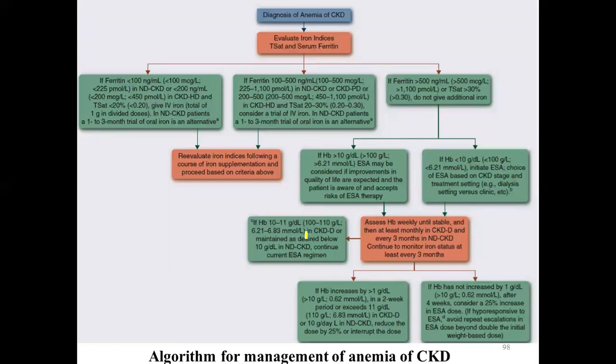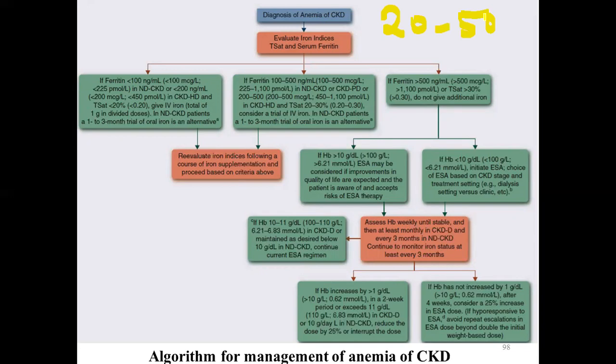By the way, this is the treatment algorithm for management of anemia in CKD patients. What you can do first is assess transferrin saturation and serum ferritin level. The saturation is usually between 20 to 50%.